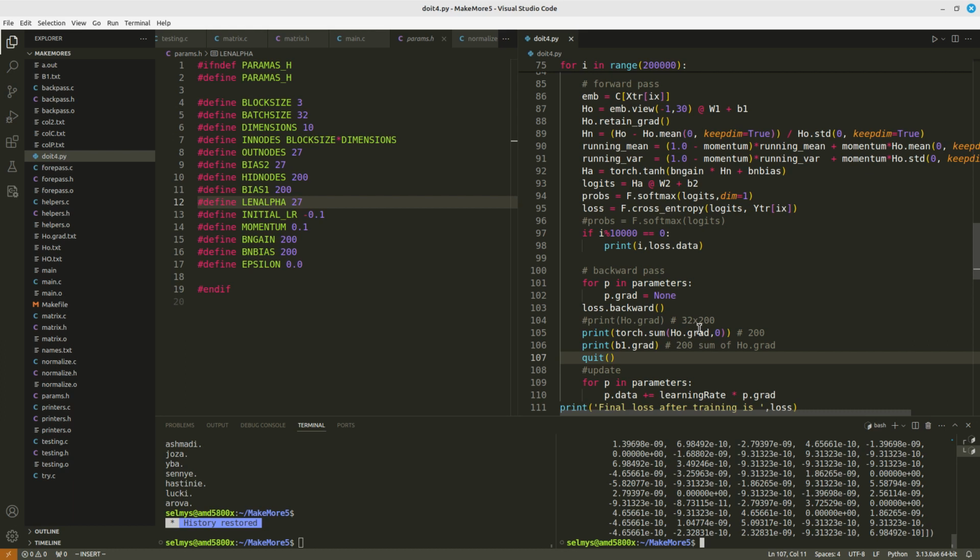The problem is that when I do this myself in C, my HO gradients are identical to the Python HO gradients, but my B1 gradients are different, because the way the torch sum function works is unique.